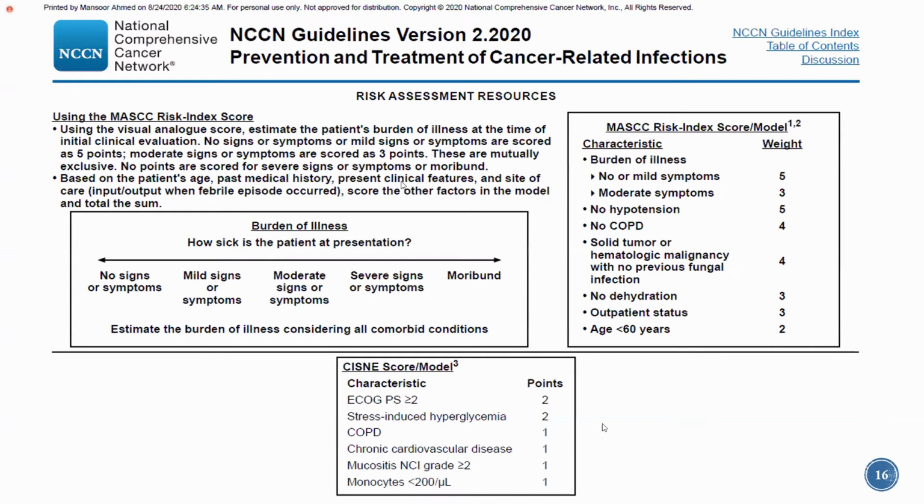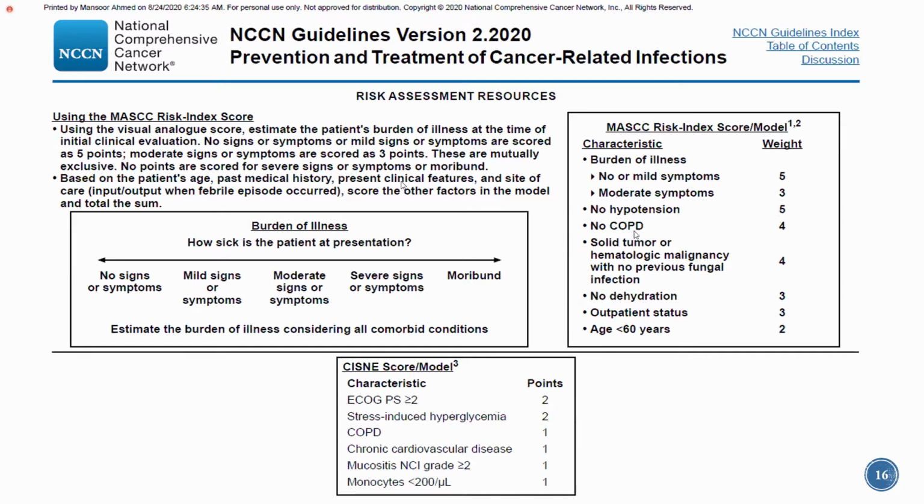It's mentioned in NCCN guidelines version 2 2020. So if the patient has no or mild symptoms, the score is 5. And moderate symptoms, the score is 3, and severe symptoms are a life-threatening situation. If the patient does not have hypotension, which means the patient does not have sepsis, the score is 5.